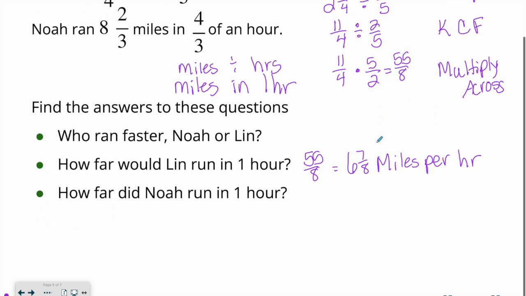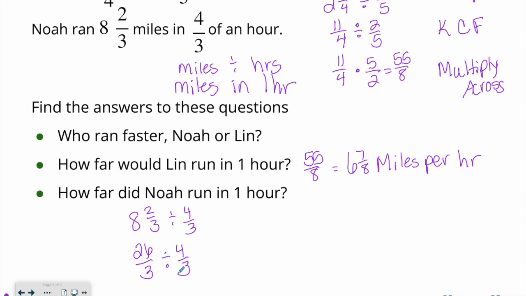For Noah, we're going to do the same thing. We're going to take his miles and divide by his hours. 8 2/3 as an improper fraction becomes 26/3 divided by 4/3. Another method you learned was when the denominators are the same, we can just divide the numerators.